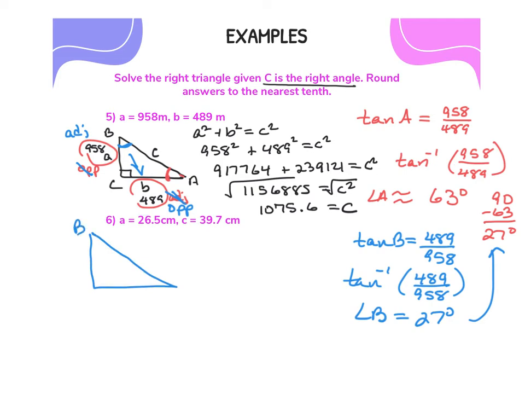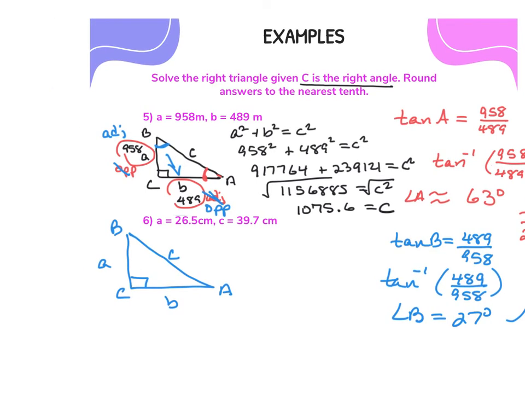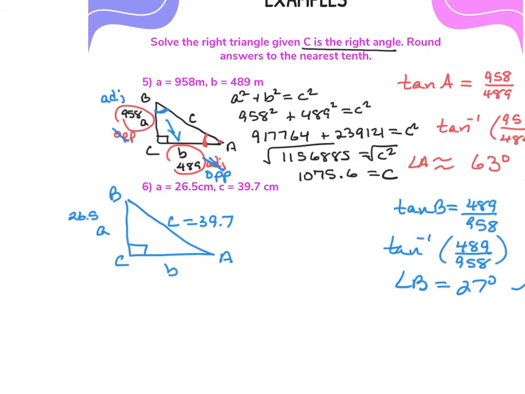Again, add in your capital letters. Little b, little a, little c. Little a is 26.5. Little c is 39.7. First thing I'm going to do is the Pythagorean Theorem to find little b.